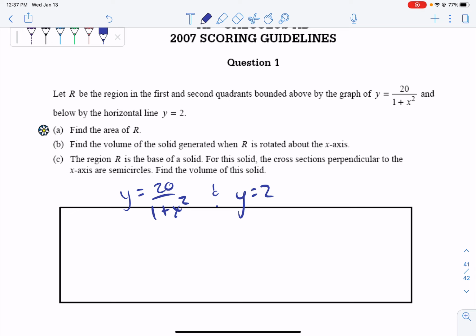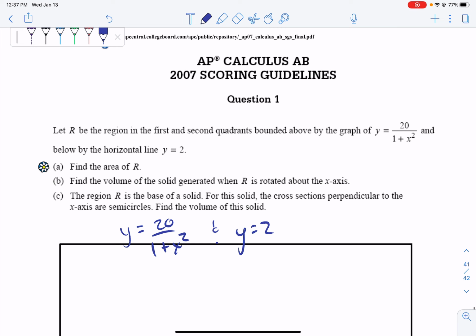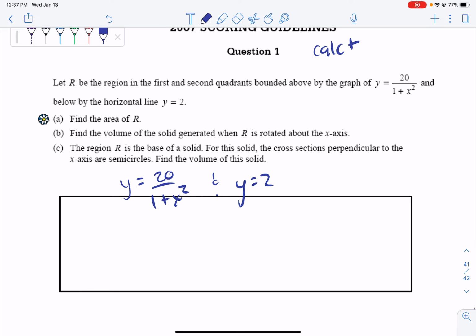Okay, first thing that I need are endpoints, okay? Now this is question number 1, so I am allowed to use my calculator. So I can either set these equal to each other, 20 over 1 plus x squared equals 2, or I can graph them on the calculator and find where they intersect, okay?